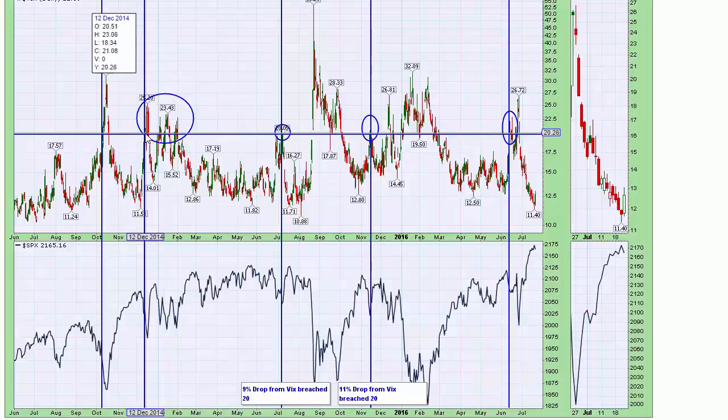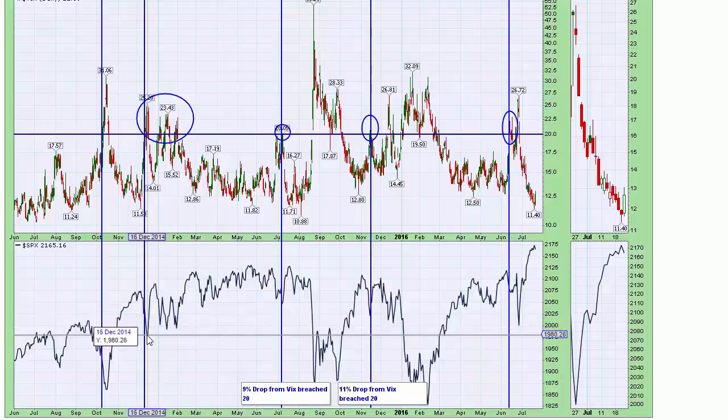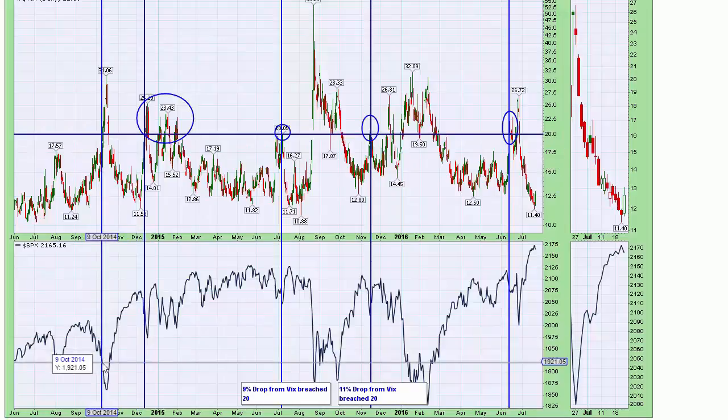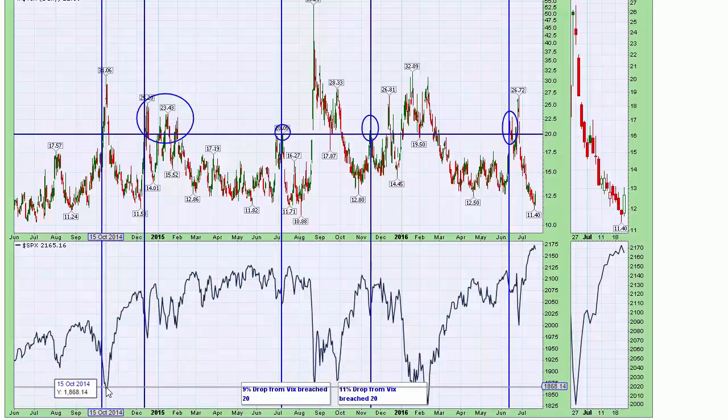Now, when you go back a little bit further and you look over here, the VIX breached the 20. It looks like it fell about 3 or 4 more percent and then put in a real bottom. Same thing over here. The VIX hit 20 and then it continued to fall.